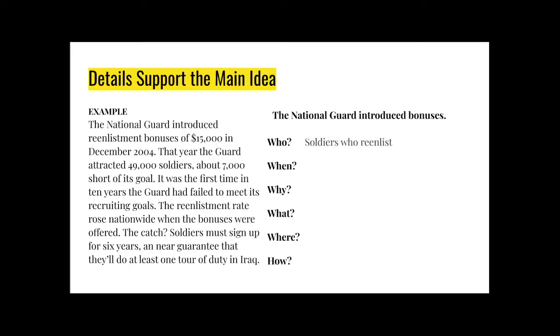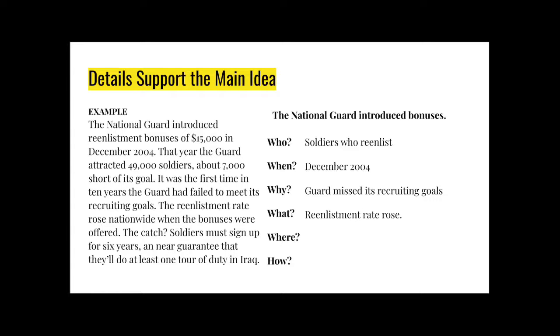Who is the passage about? Well, it deals specifically with soldiers who re-enlist in the National Guard. When is it talking about? December 2004 is stated specifically in the passage. Why? Well, we see in the passage that the Guard missed its recruiting goals. So what did they do?